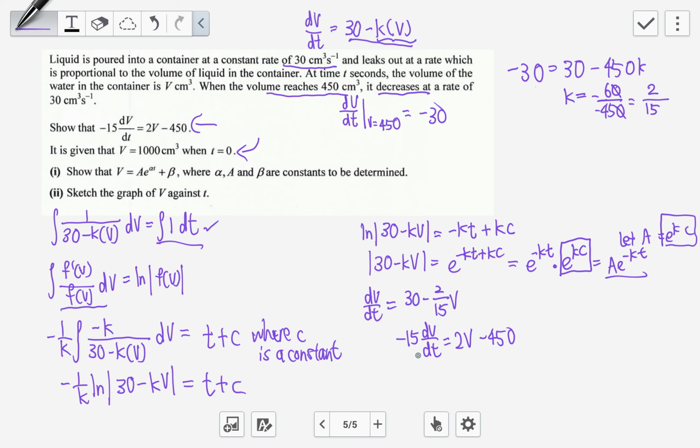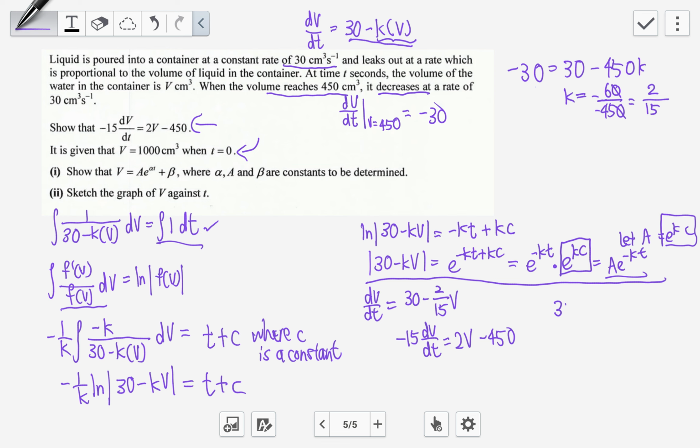From here, if I do the integration, I'll get this as well. But since I've already done the integration, I will substitute k directly into here, the k from 2 over 15, which will work too.